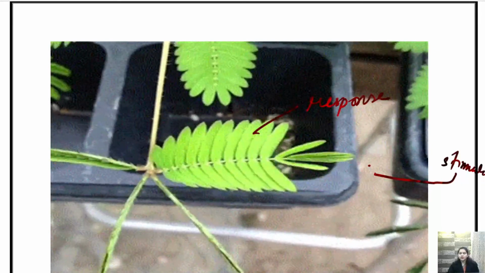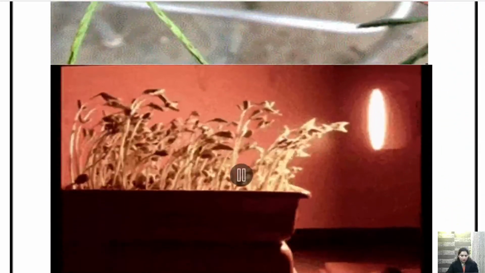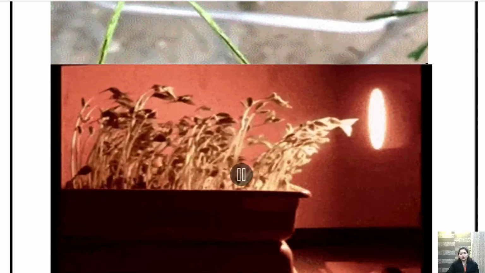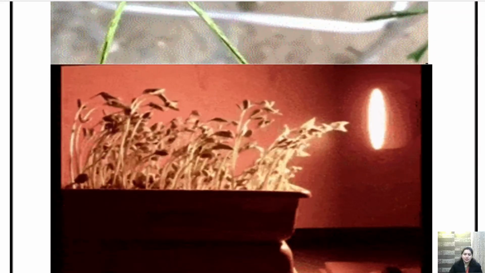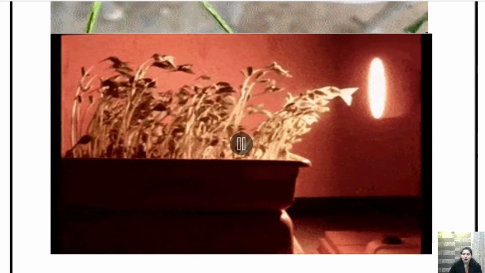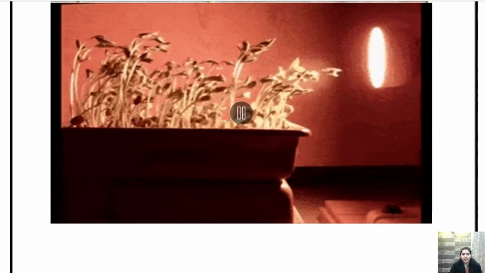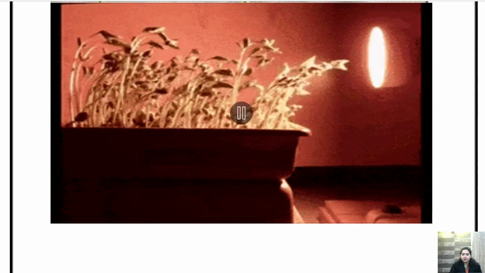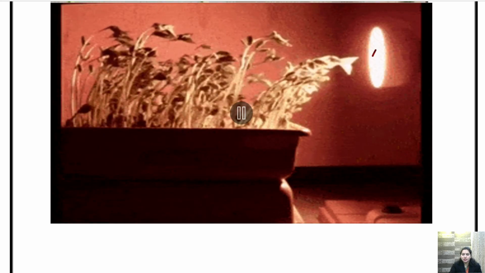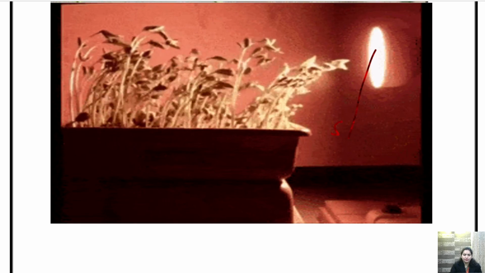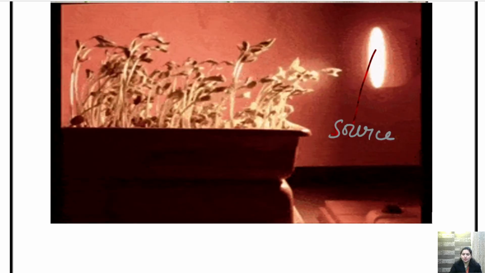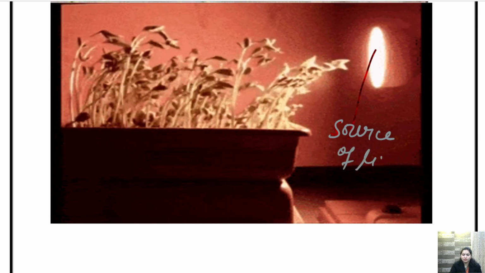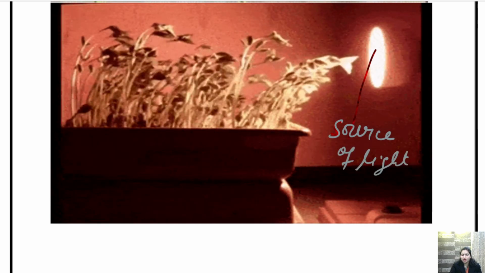Okay, similarly, plants also show certain responses. Like if you can see in this diagram that the room is completely dark, but there is one source of light. All right.